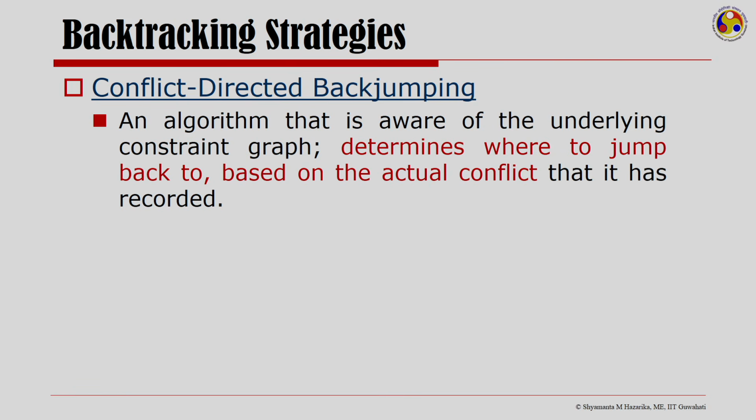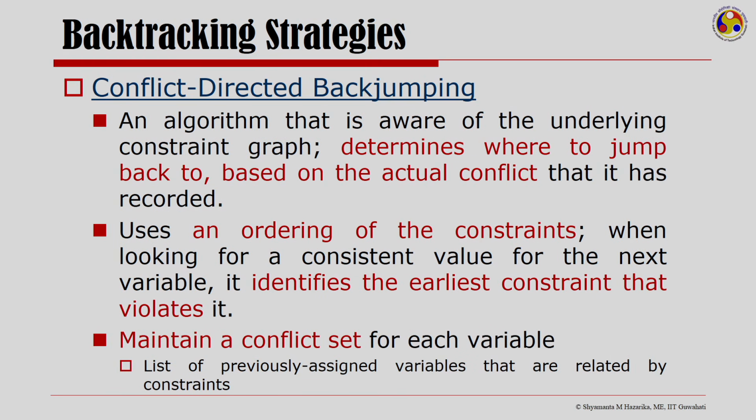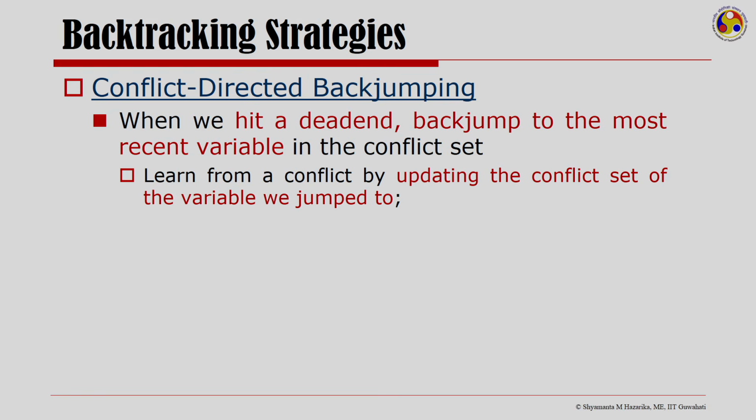It determines where to jump back to based on the actual conflict that it has recorded. So it uses an ordering on the constraints and identifies the earliest constraint that violates it, and it maintains a conflict set for each variable, that is, a list of previously assigned variables that are related by constraint. When we hit a dead end, it back jumps to the most recent variable in the conflict set.